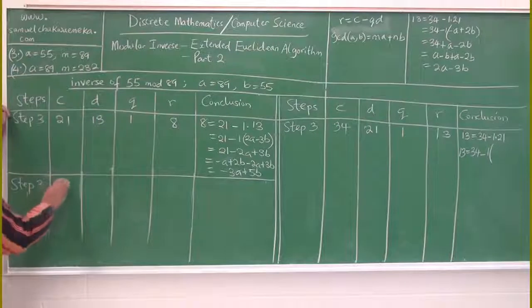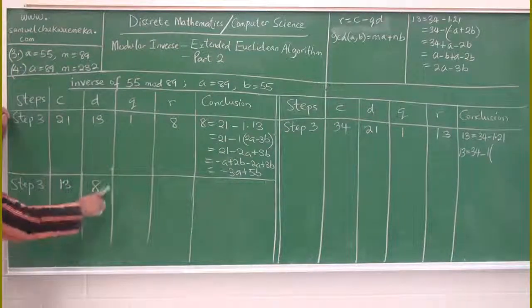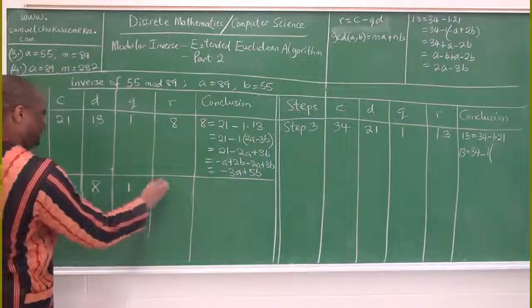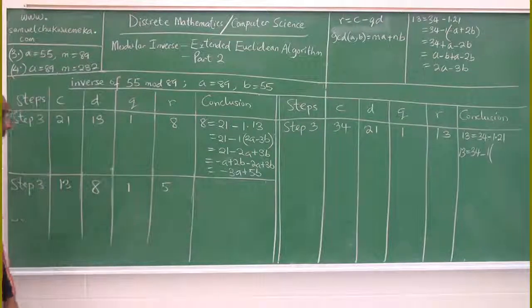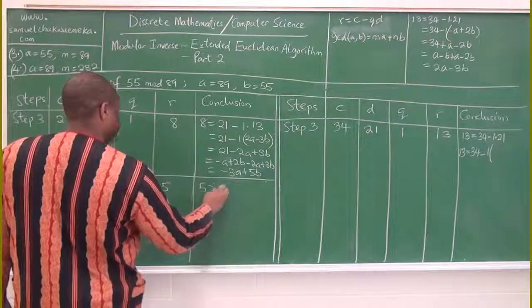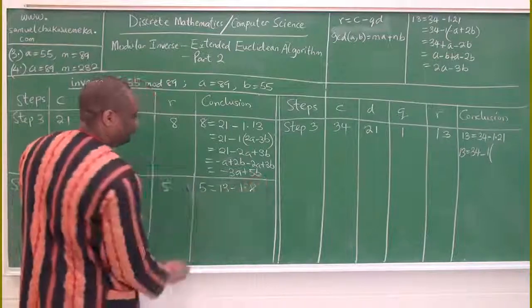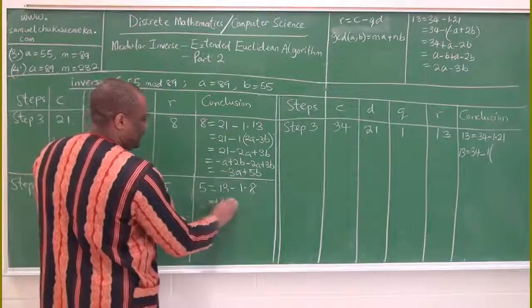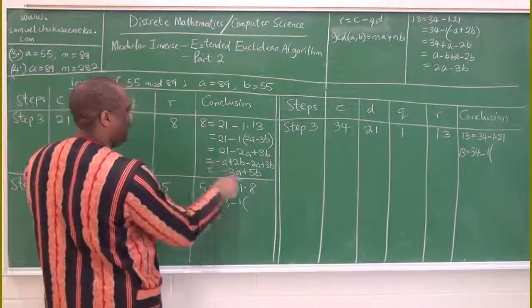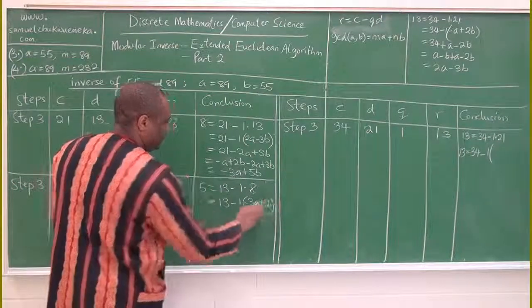Our D becomes the new C, 13. Our arrow is 8 here. 13 divided by 8 is what? 1 remainder 5, right? So 5 will be 13 minus 1 times 8, which is 13 minus 1 times our 8, which is what? Negative 3a plus 5b.